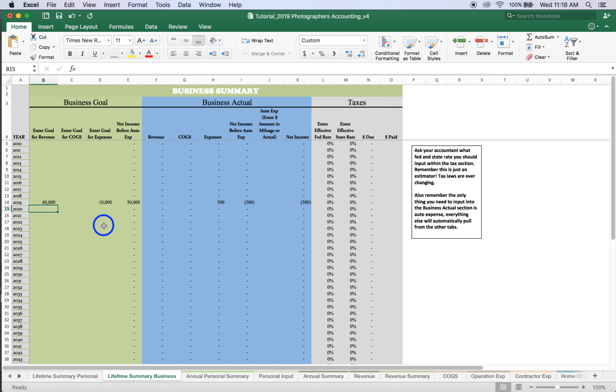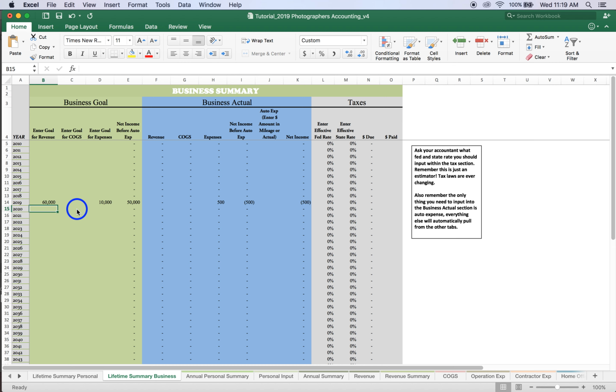So you would have your month-to-month expenses, and then you would include what you're going to have to pay out in second shooter or assistant fees, or if that client purchased an album, you would put that in the cost of goods, because that's stuff you already know you're going to have to pay out, okay? This is how we can get a better idea of how much you need to bring in to meet your yearly goals. Okay, so for this example, and this is not even including the tax amount, okay guys?